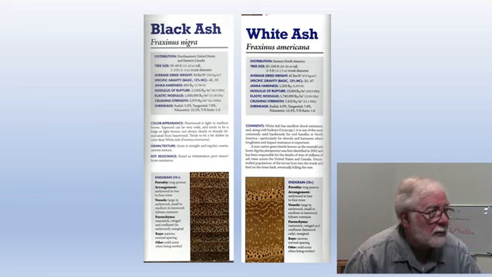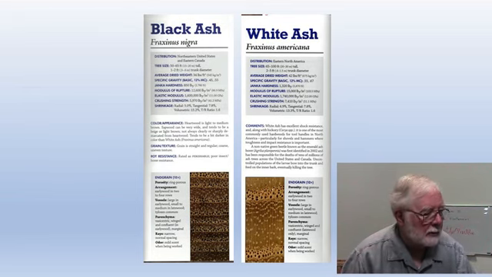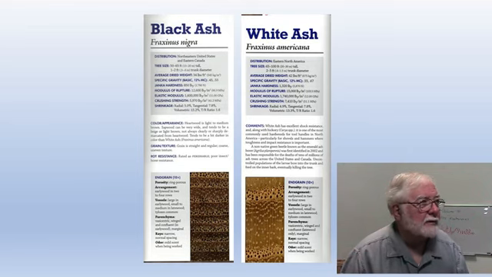That means it's slow growing, and it's going to have a finer grain pattern. The white ash has a wide annual ring, so it's fast growing. So a little softer wood.